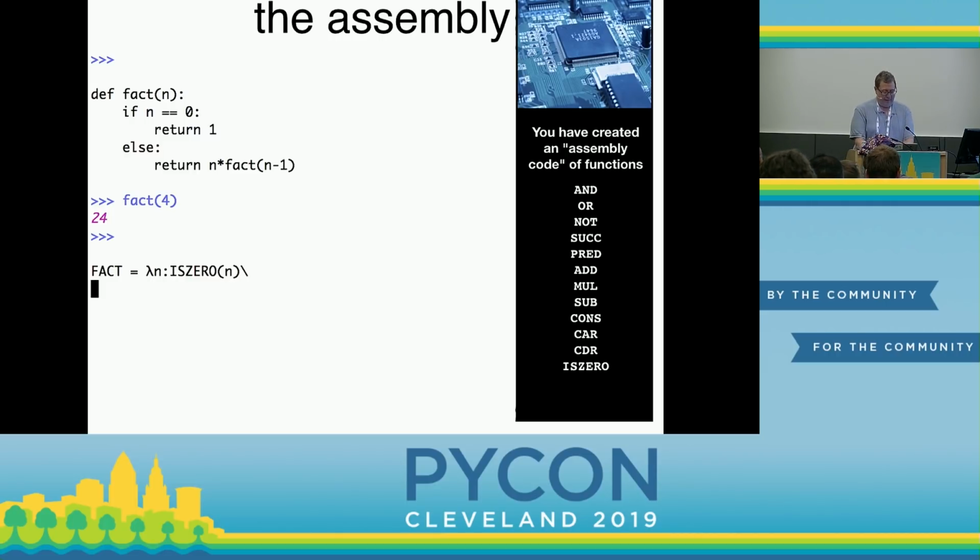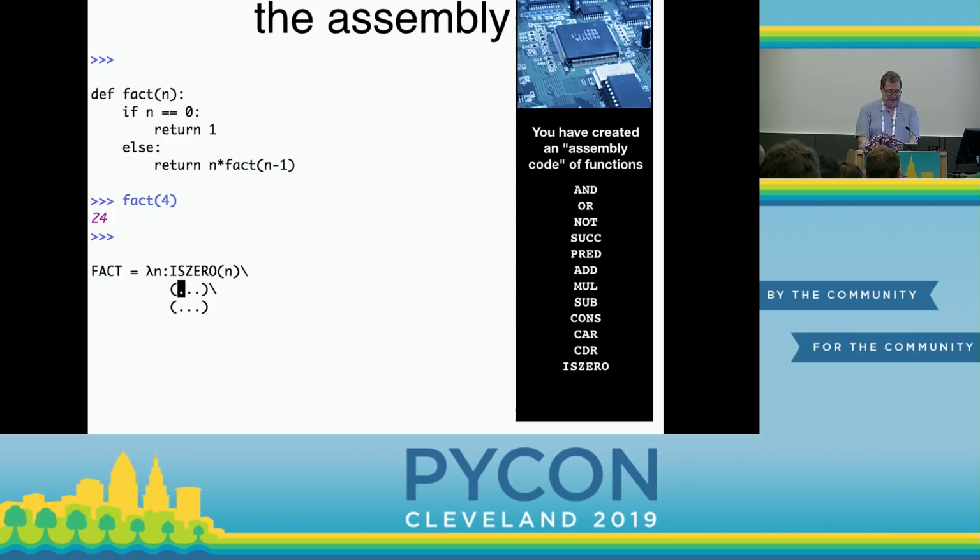I'm going to break this across multiple lines, but true and false act like an if statement. With true, you have two values, A and B, and you pick one of them. That's what's going to happen here.